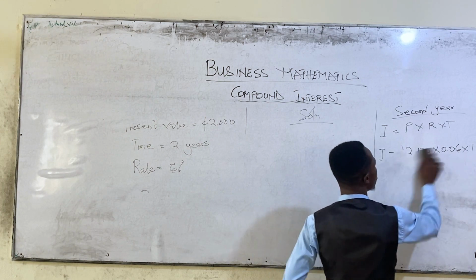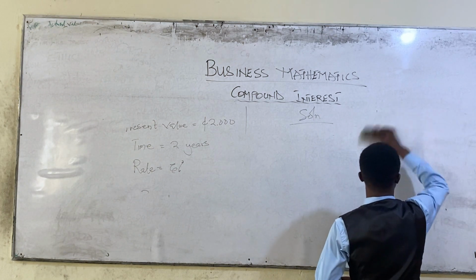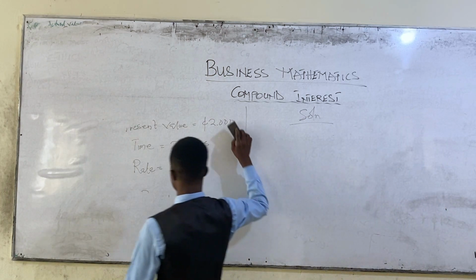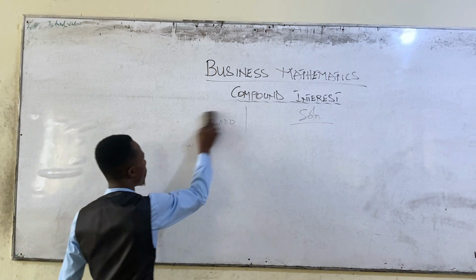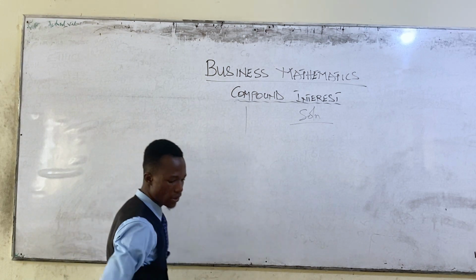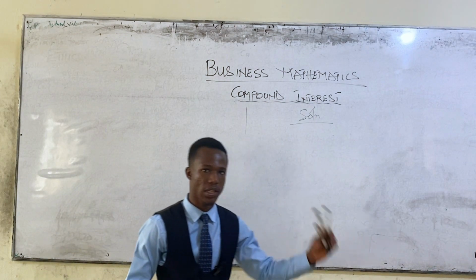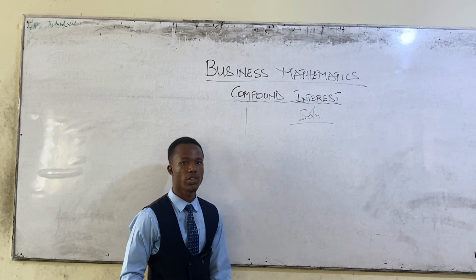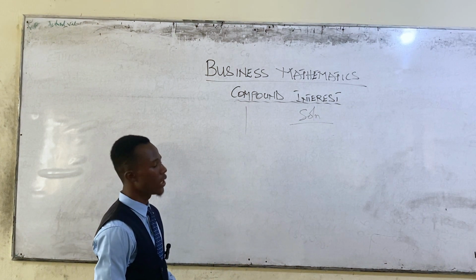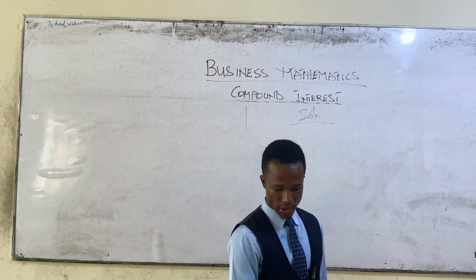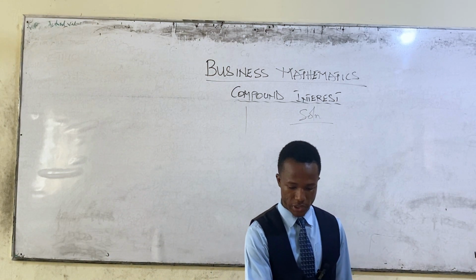That is, you need to introduce 1 year when you get to the time. Okay, instead of multiplying principal times rate times the number of years given, that one is under simple interest. But for compound interest, you always multiply it by 1. Okay. So let's look at another question.